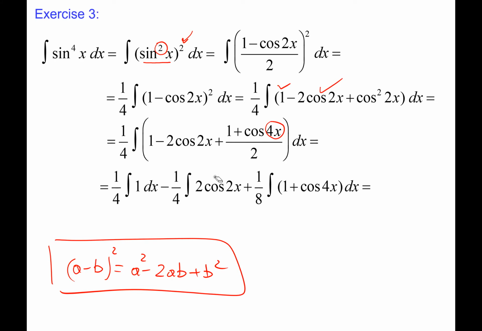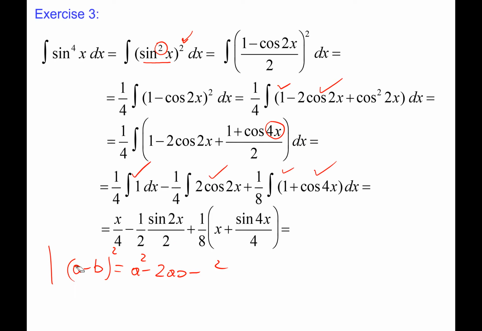All right, that's what we can see. And now you know the integral of 1, the integral of cosine of 2x, and cosine of 4x and 1. No problem. I can remove this because that's easy.